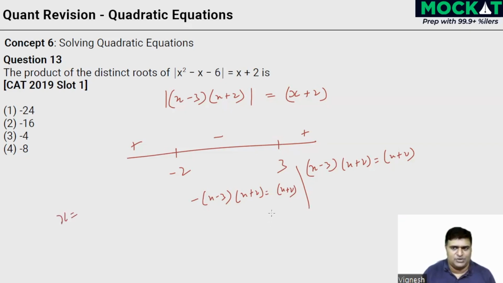There is a possible solution where x is minus 2, right? If x plus 2 is going to be 0, 0 into something equals 0, I can't cancel 0 on both sides, right? So that's an issue. Therefore, whenever I'm going to be cancelling, I have to identify that as a possible solution. x equals minus 2 over here is one of the roots.